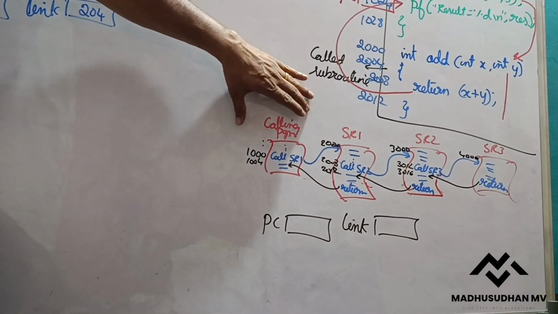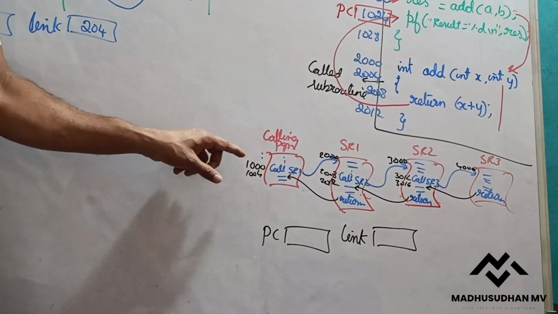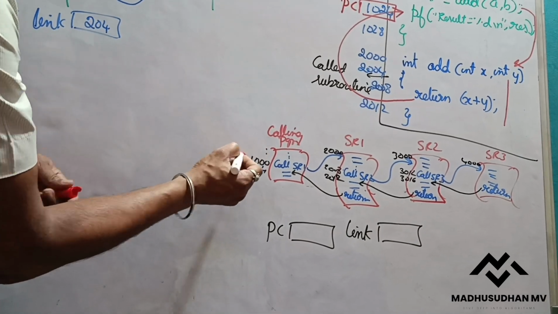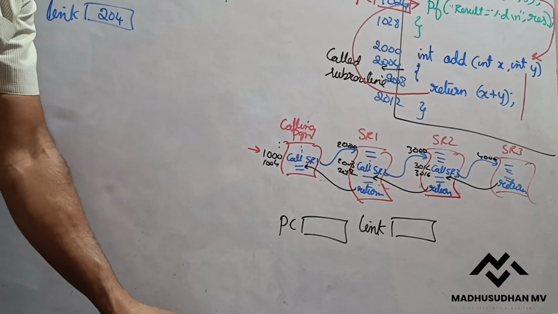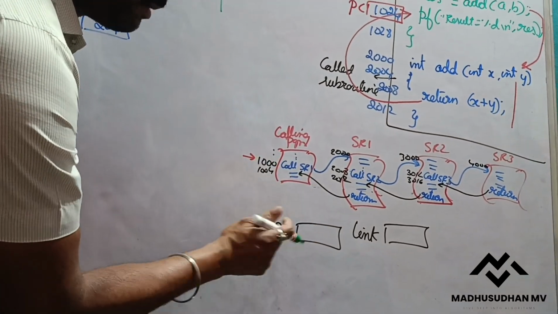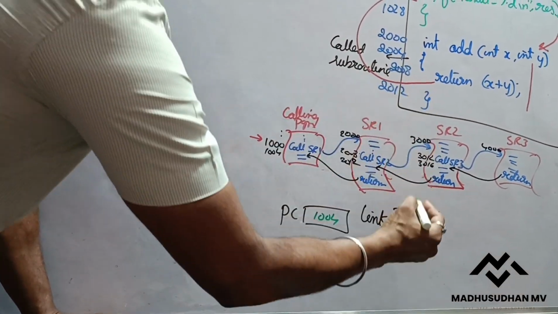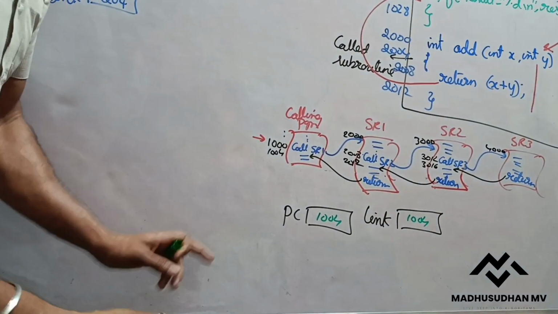Now I'll start. This is the main function, the calling program. When I call the first subroutine, when I am executing this instruction, what does the program counter contain? The program counter contains 1004. That will be pushed into the link register, before it goes. So 1004 comes here.